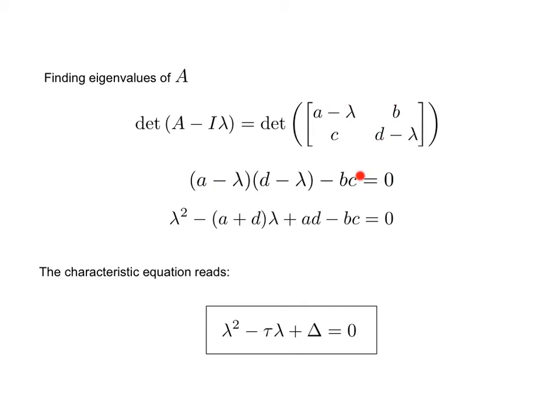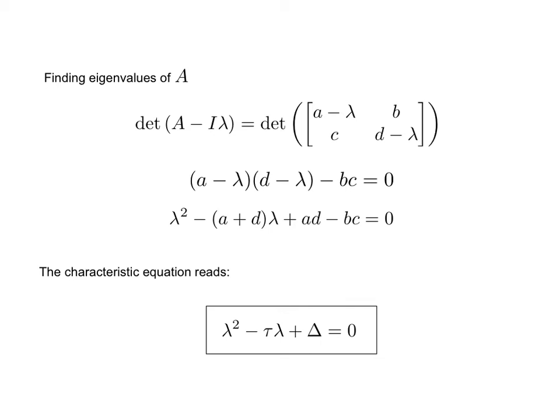Then you reorganize the terms a bit to make it more manageable. The final equation we want is a quadratic equation in lambda, and we have defined two very important quantities that will accompany us from now on.